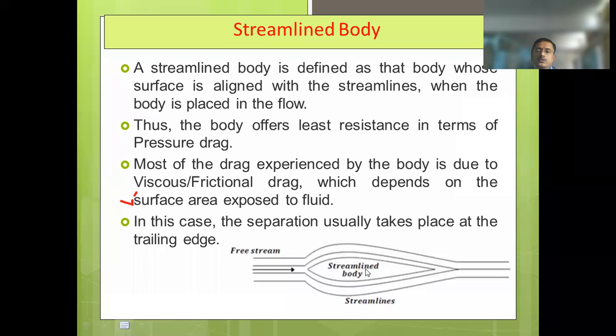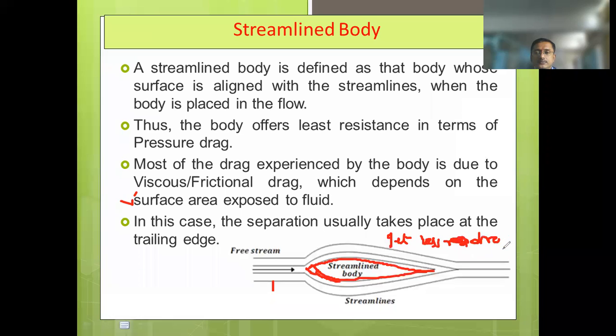Before that, we should know the meaning of streamlined body. Here in the diagram, you can see the streamlined body is shown. The shape of the body is like this. So this is called the streamlined body. If the body is streamlined, it is going to get very less resistance or very less drag.